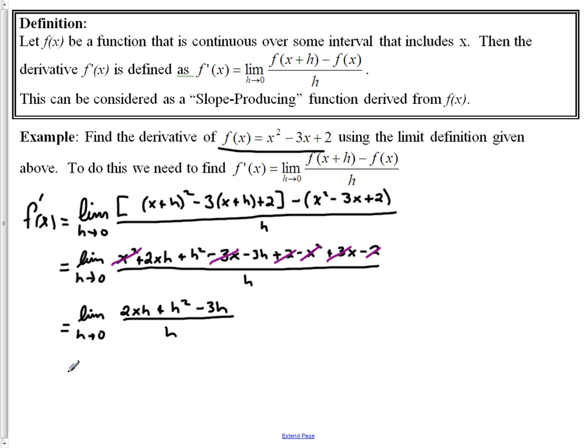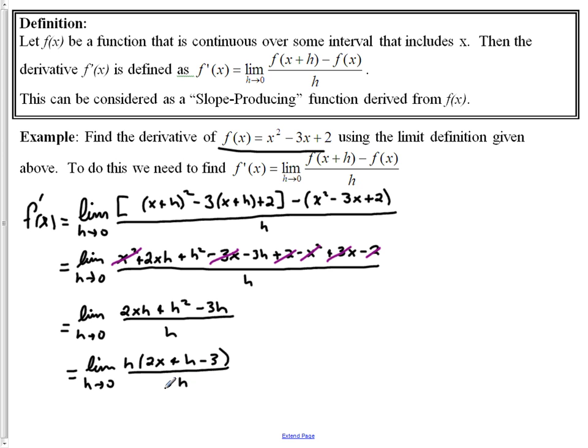And what's clever about this is that we get this limit as h approaches 0 of h times 2x plus h minus 3 divided by h.